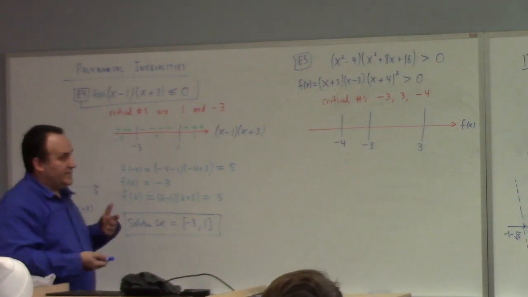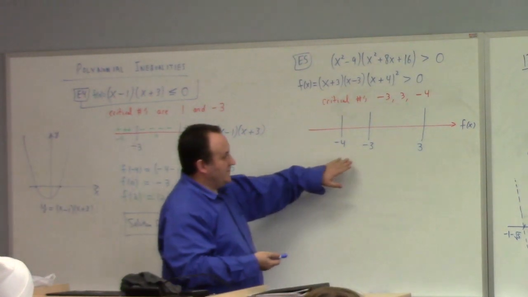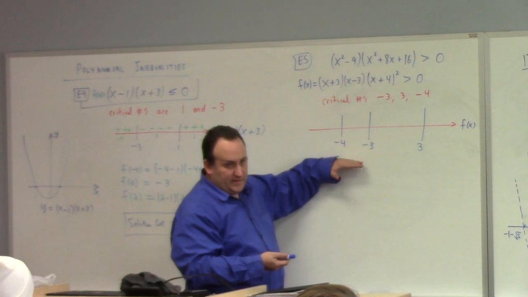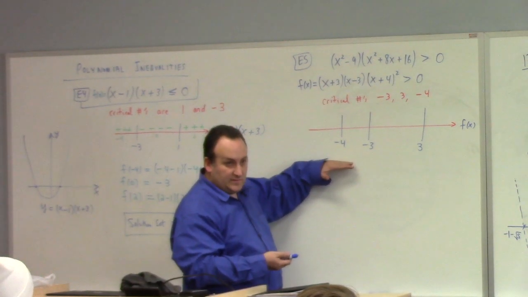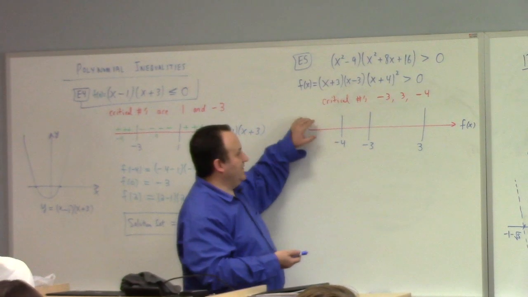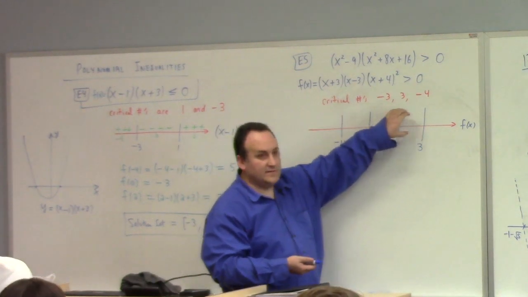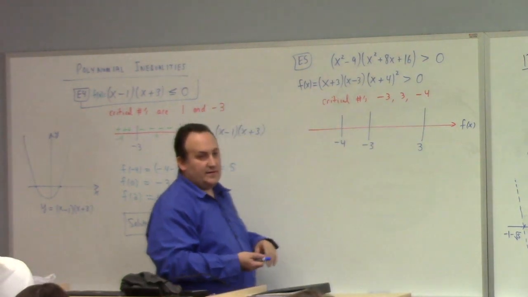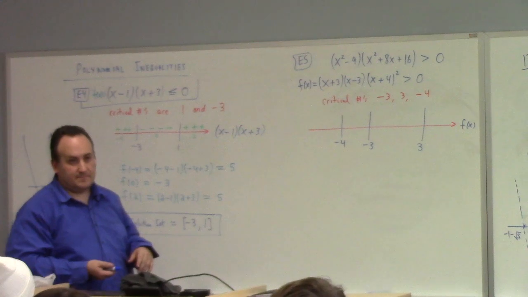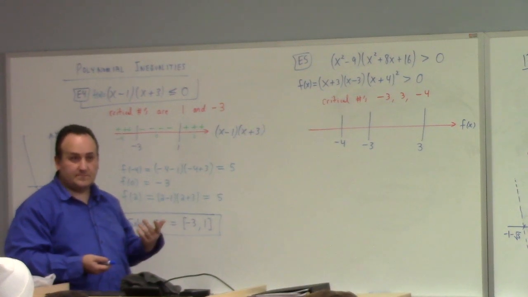So that's why the critical numbers are critical. Once you figure out what the critical numbers are, those show you the possible places where the sign can change. So then, if I figure out what the sign is in each case, I completely understand how to solve the inequality. Does that make sense?